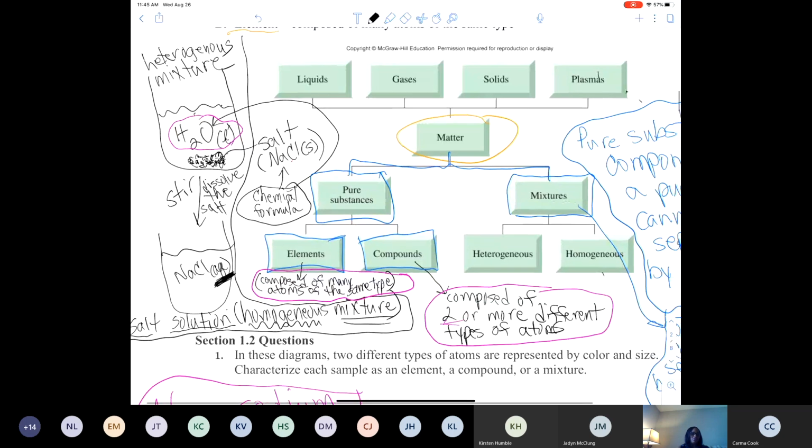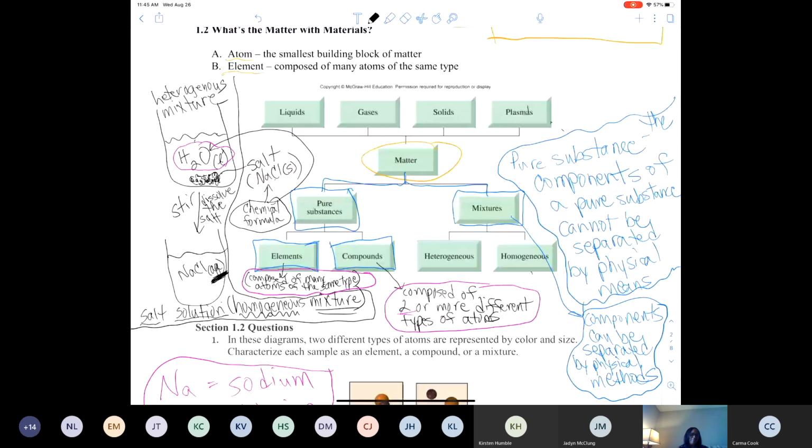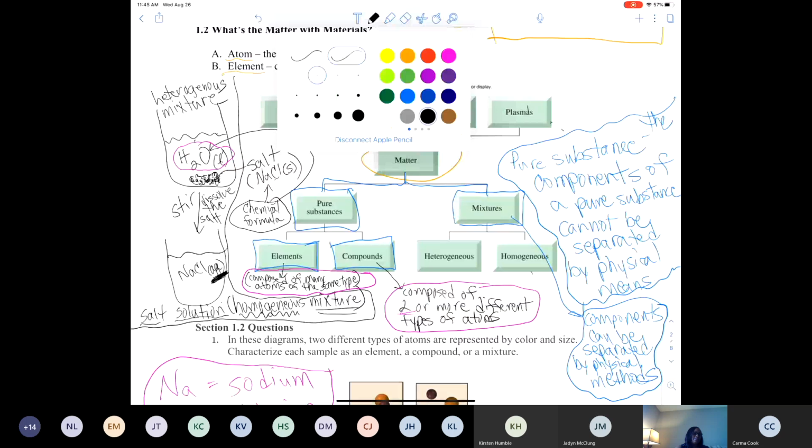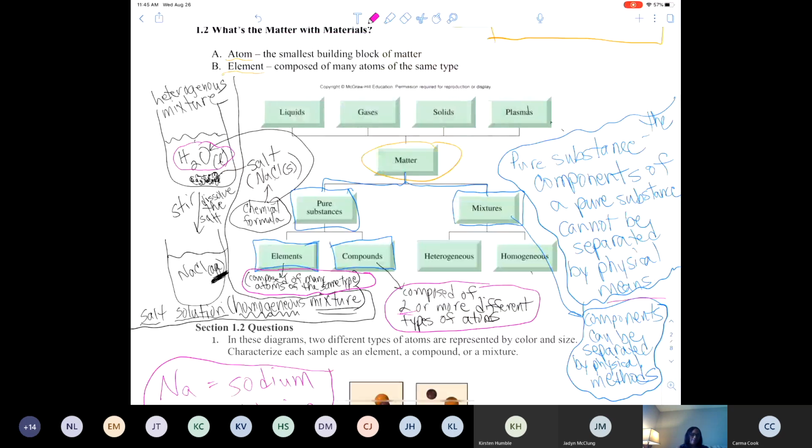And so we've gone over most of the items in our flow chart here. We've looked at two different types of pure substances, elements versus compounds. And then we've looked at mixtures, heterogeneous versus homogeneous. Now we said that what makes the mixture different from the pure substances is that the mixtures can be separated by physical methods.